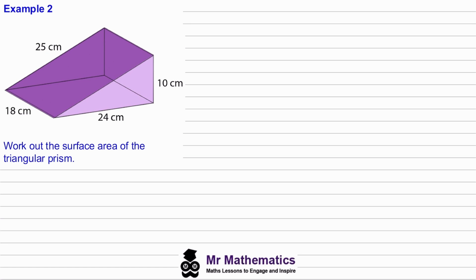So in example 2, we've been given this triangular prism and we need to work out the surface area again. So if we begin with this front face, we've got the triangle, which is 24 by 10. And we know the area of a triangle is 1/2 of a base times the height.